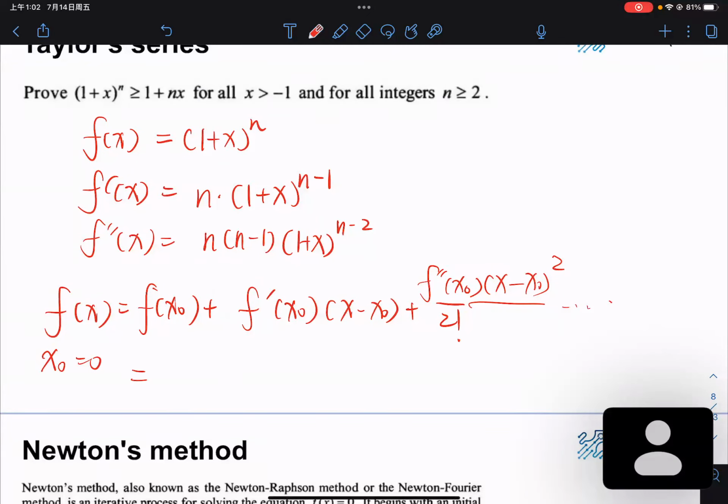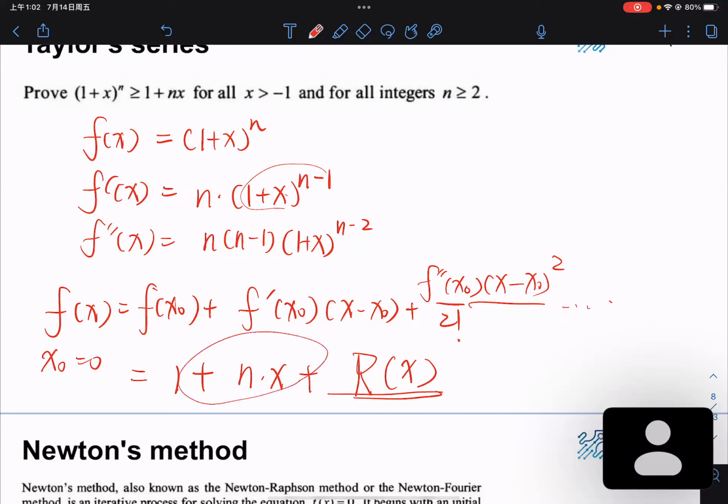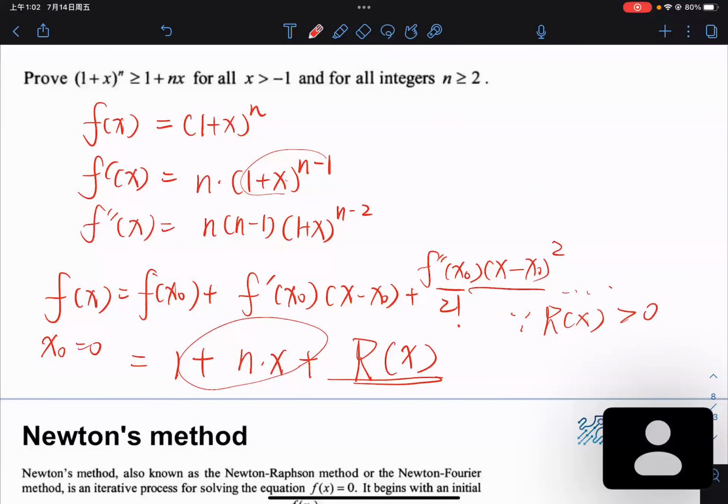So it is going to be 1 plus n multiplied by x plus all the residual. Let's put it as residual R(x), okay? Because residual R(x) must be greater than 0, f(x) is going to be greater than 1 plus nx.